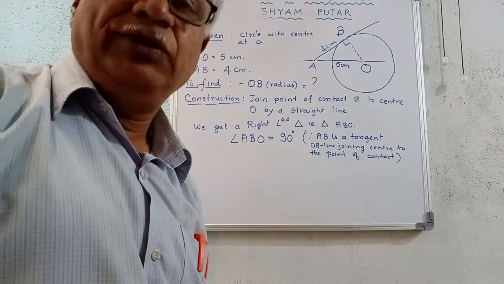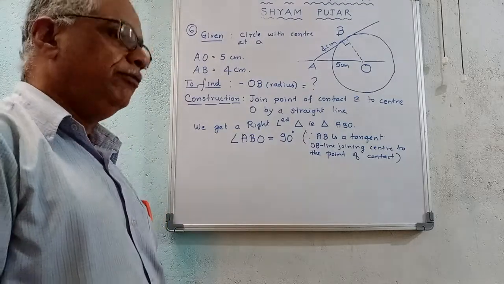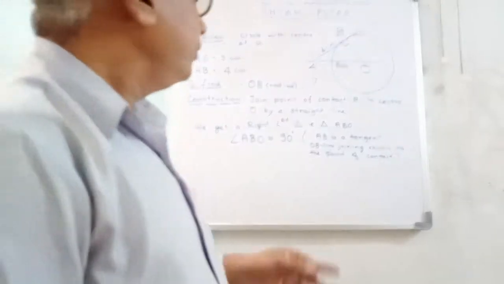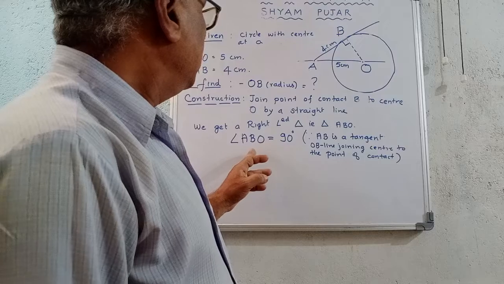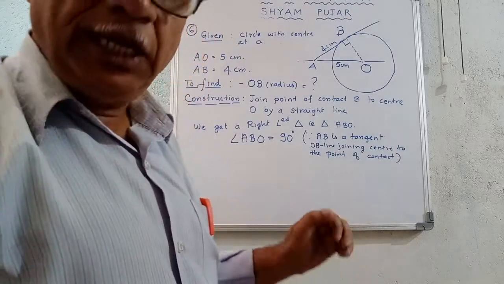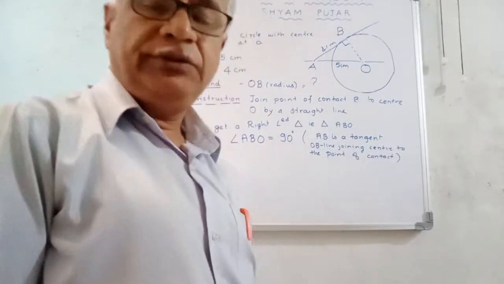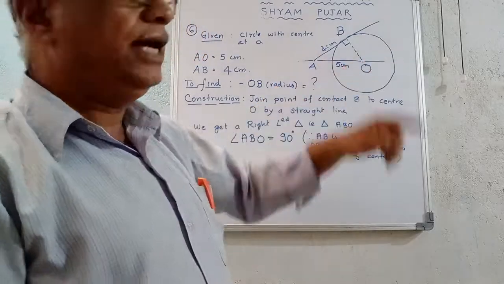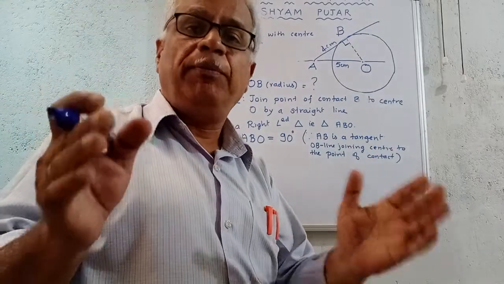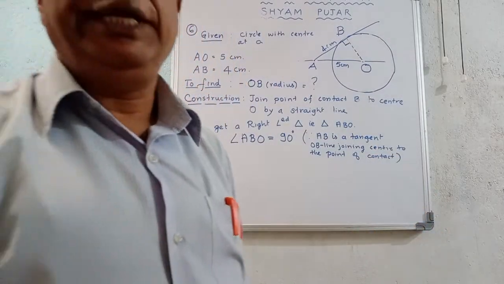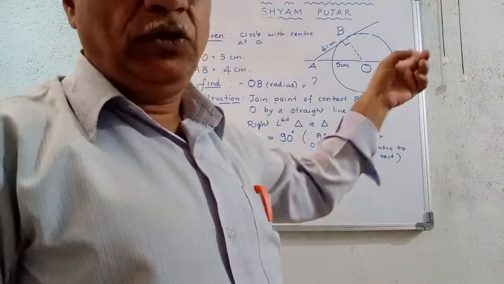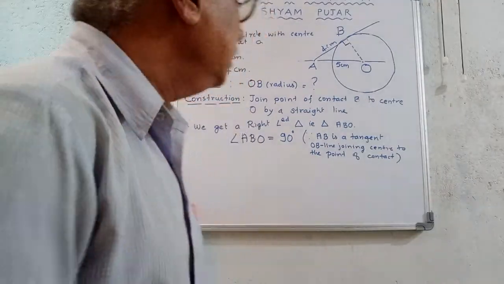This is a well known theorem. We have studied it, we have proved it. Yes, now how do we proceed? It is 90 degree, we know it, and it's a right angle triangle. So we will apply Pythagoras theorem to find out the unknown in a right angle triangle.